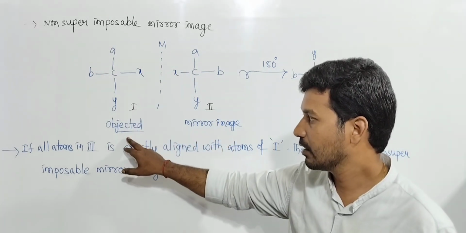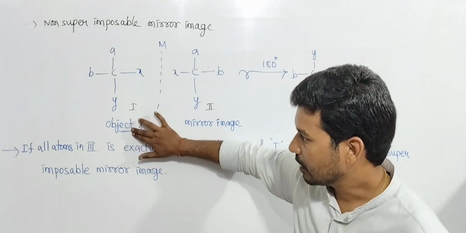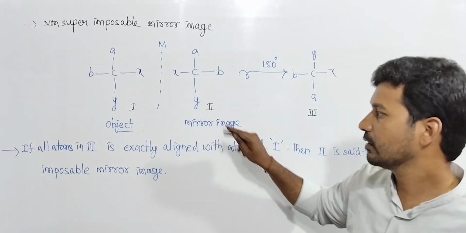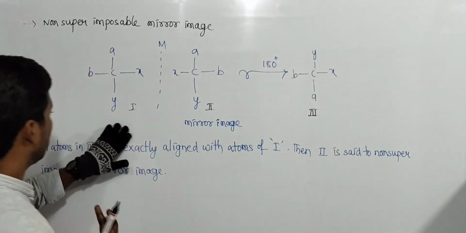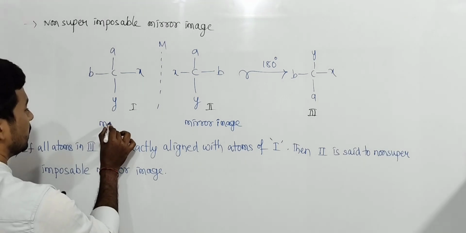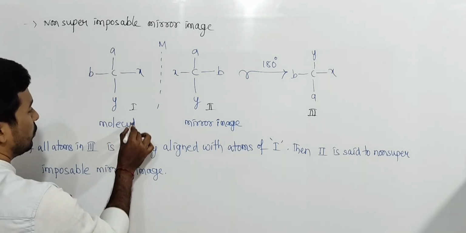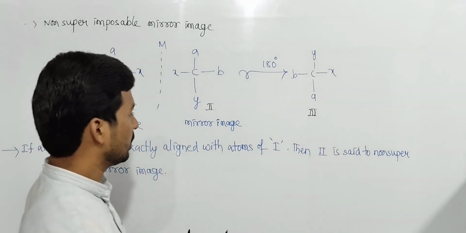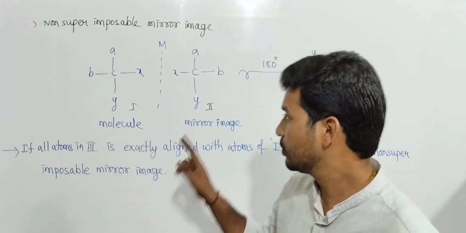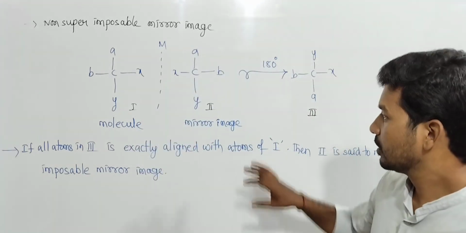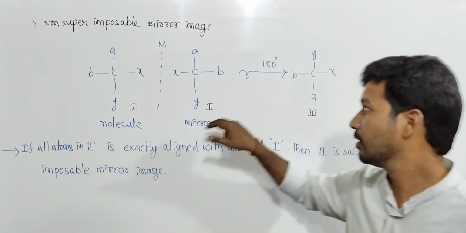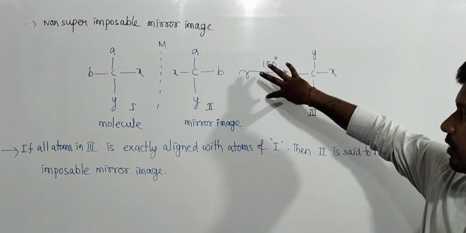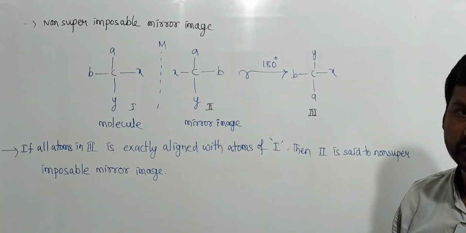One is the object, two is the mirror image. Or one is some molecule, and two is its mirror image. Now verify whether the mirror image is superimposable or not. How to verify whether the mirror image is superimposable on the original molecule? Just rotate by 180 degrees.